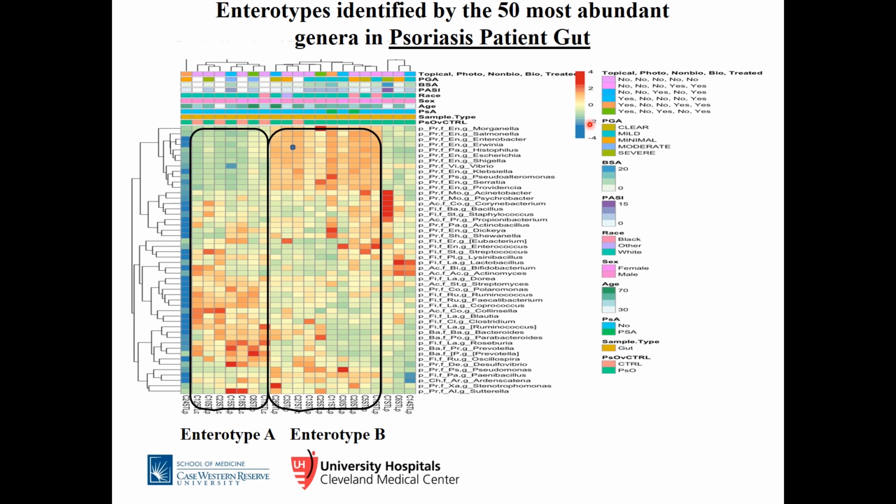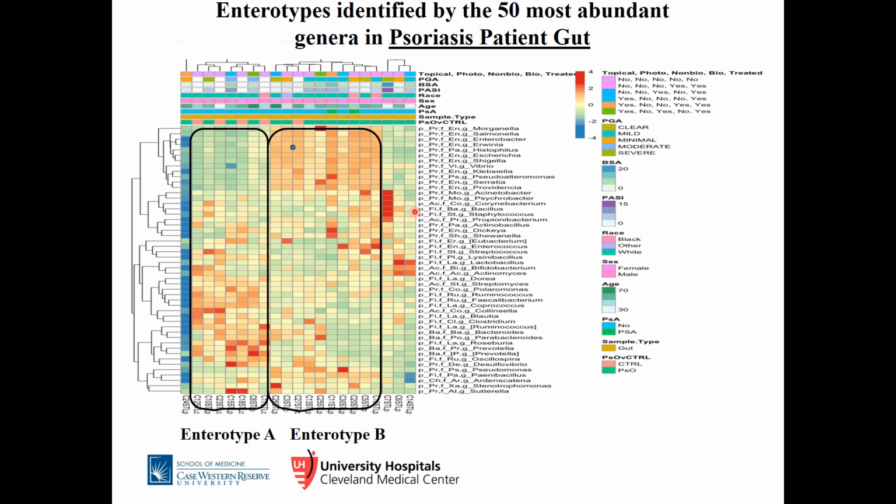The layout of the heat maps is constructed with patients in columns and bacterial genera in rows. Additionally, demographic information about the subjects, such as race, age, and sex, is shown at the top of the heat map.